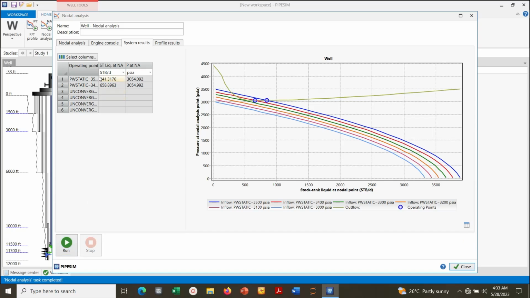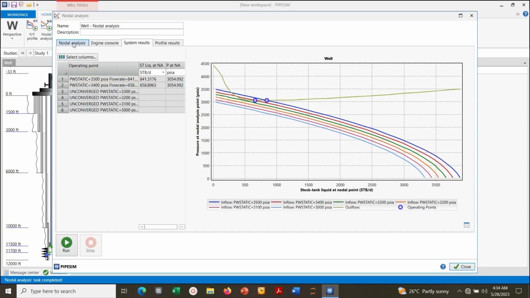So at 40% of water cut, the well will flow at a reservoir pressure of 3400 psi. The flow rate is 658.8963 stock-tank barrels per day.